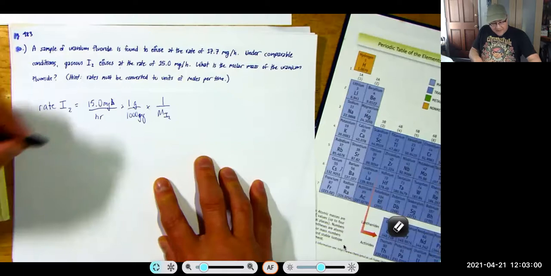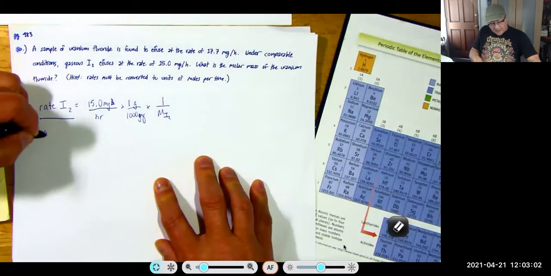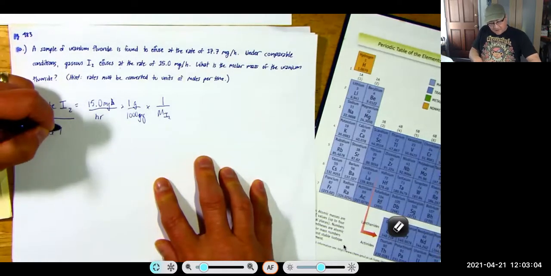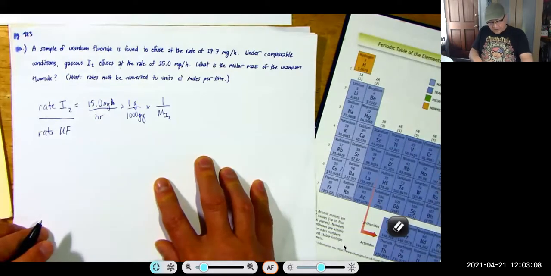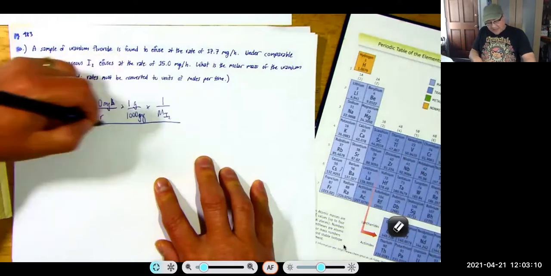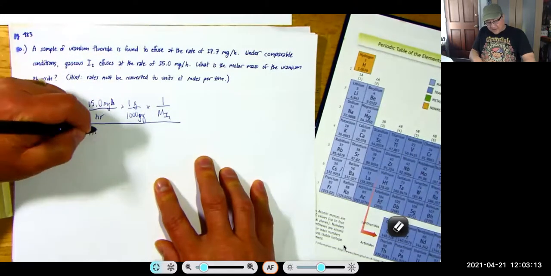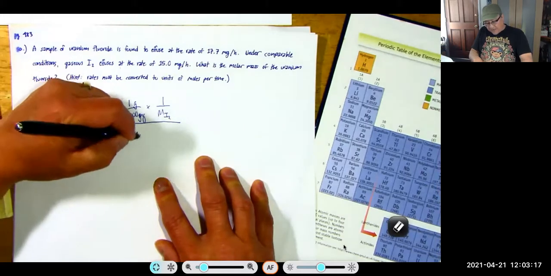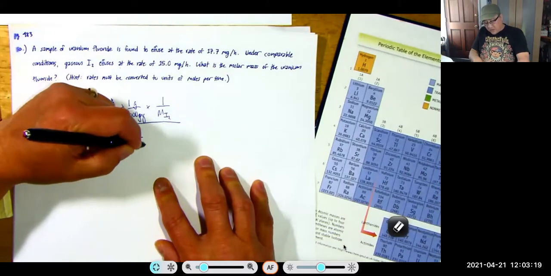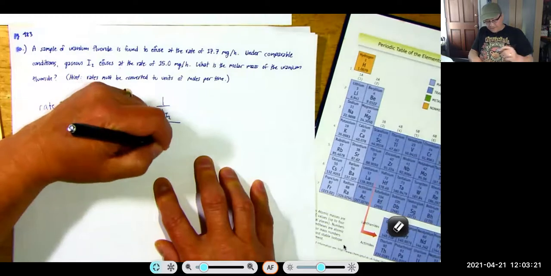Now I'm going to divide this by the rate of UF. So I'm going to divide all of this by 17.7 milligrams per hour times 1 gram over 1,000 milligrams times 1 over the molar mass of UF.